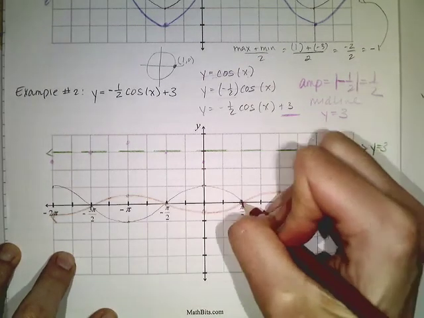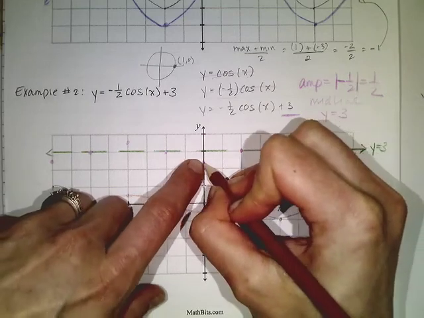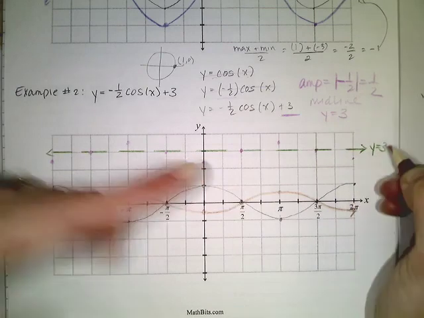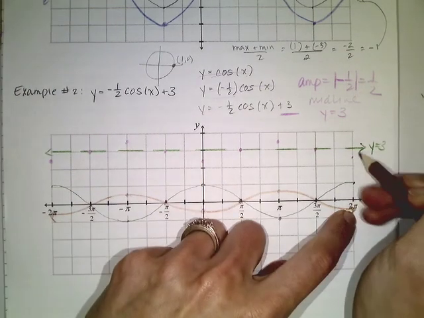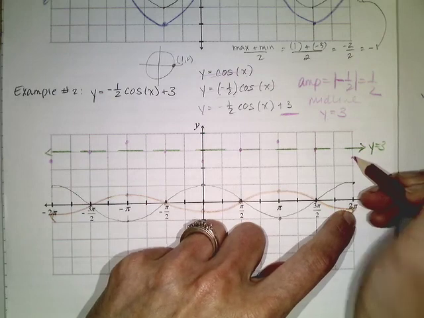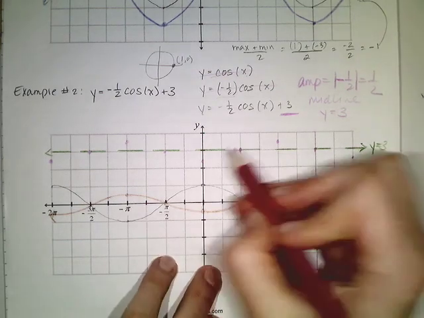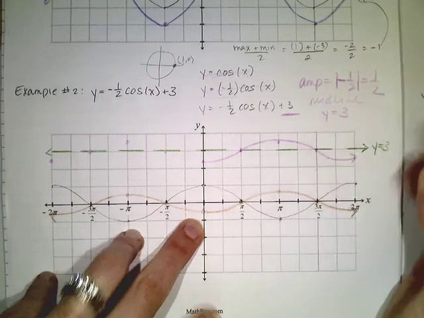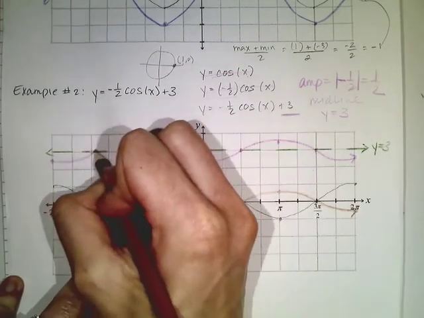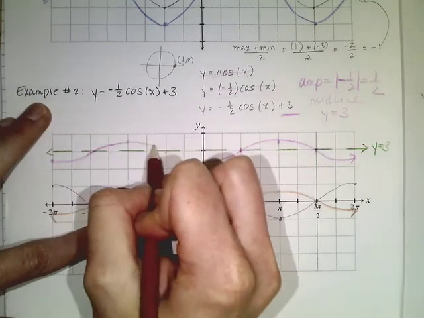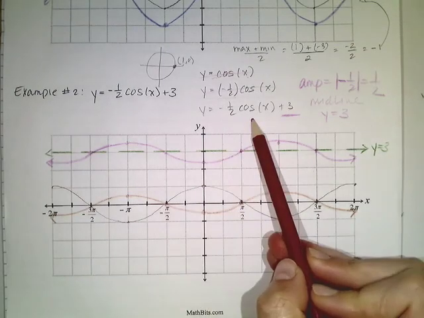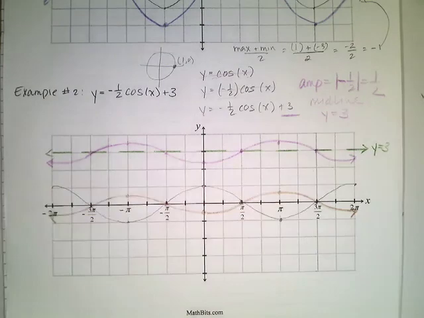And from the midline it goes up, -1, 0, +1, 0, -1. I'm saying that because that's the general pattern, and I am also applying that 1/2 to it. And we can graph this beautiful graph. Start over here. And that is our y equals -1/2 cosine x plus 3.